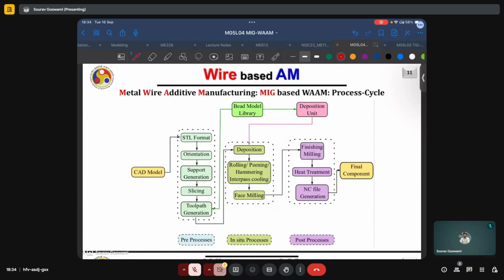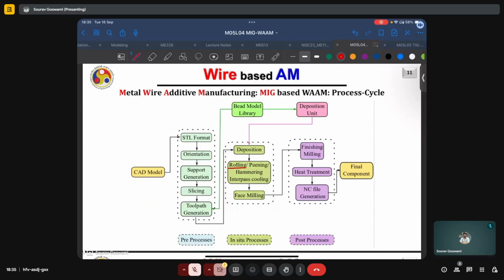processes which are not really deposition based, but which are of a forming type or for enhancing the mechanical properties or maintaining the geometric accuracy of deposition, such as a rolling step, which can ensure proper bead height, or which can assign favorable microstructure and strength to the deposited layer.